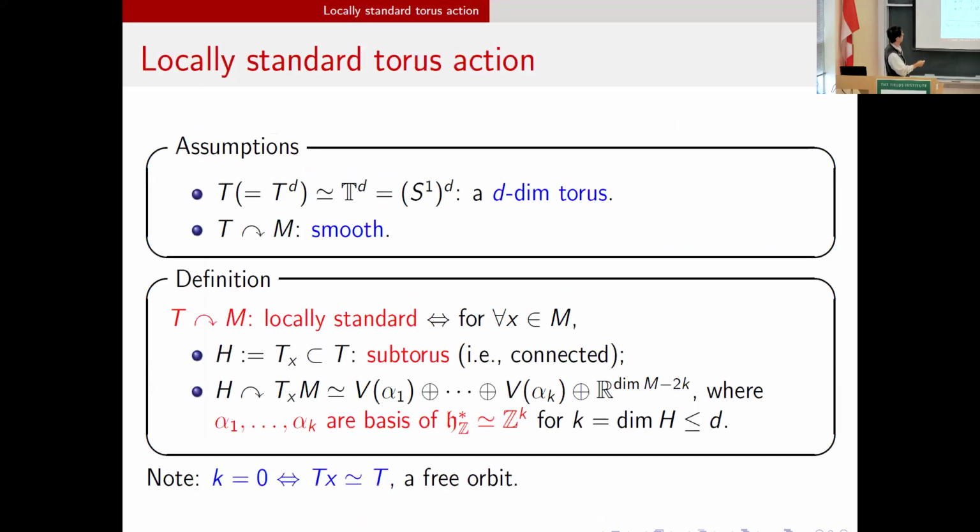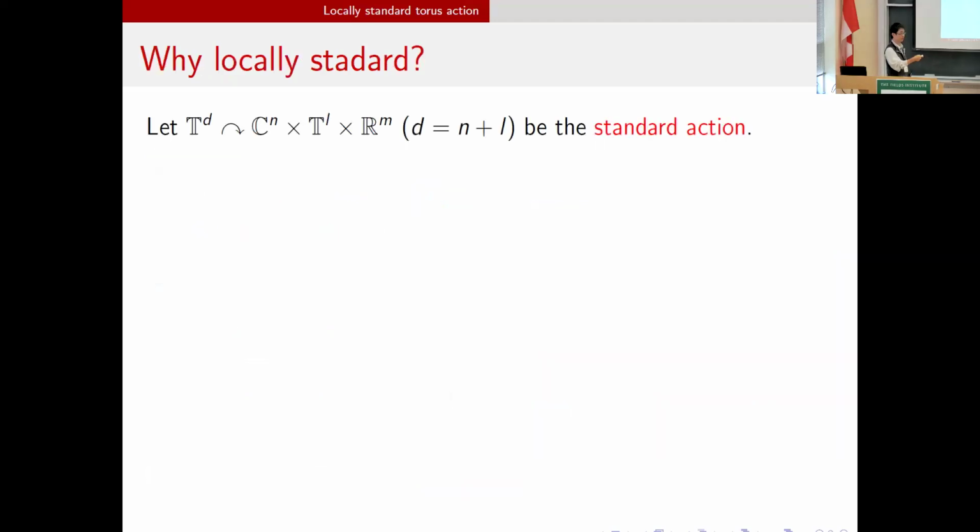Okay. So this is an isotropy representation. This is not the tangential representation at the fixed point. This is for any point we can take. We must satisfy this kind of condition. Okay, does it make sense? Anyway, it is something called the standard action.